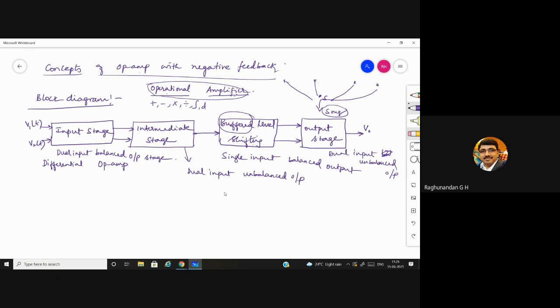The basic definition of a clamper is addition of a DC signal to the AC input. Whenever you add a DC signal to the AC input, the signal is shifted either to the positive phase or to the negative phase.